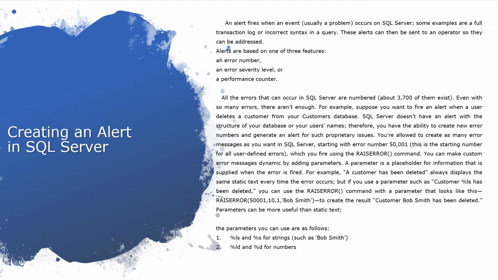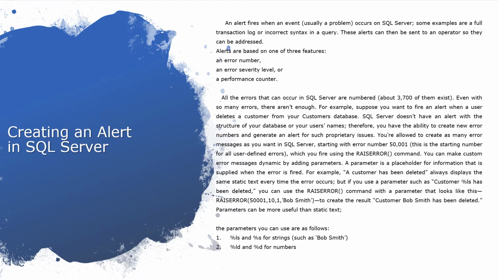A parameter is a placeholder for information that is supplied when the error is fired. For example, "a customer has been deleted" always displays the same static text every time the error occurs.